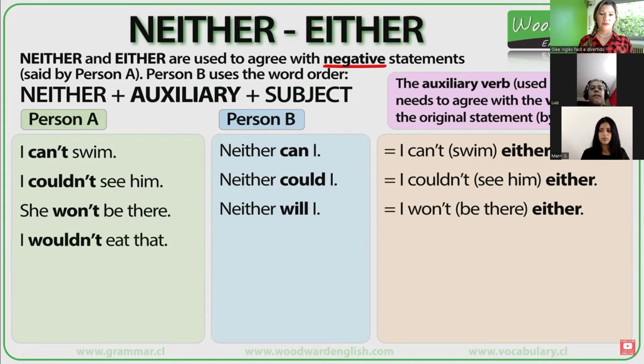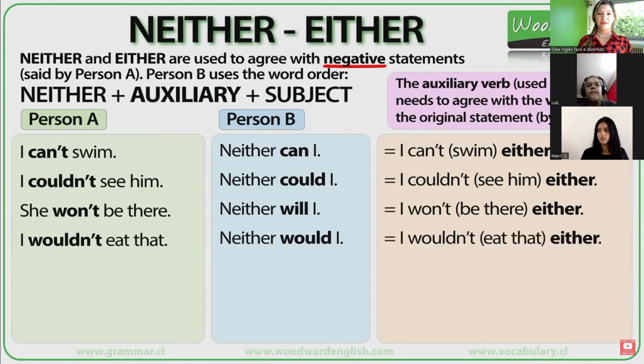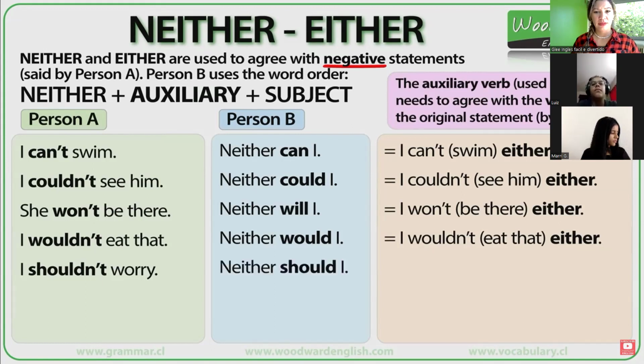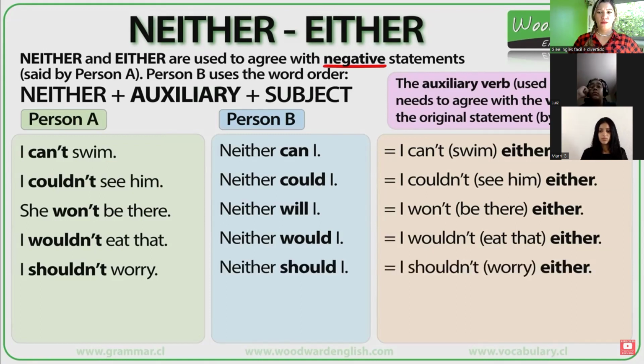If the first statement has wouldn't, our response needs would. We say, neither would I, which means I wouldn't eat that either. I shouldn't worry. The negative form of the modal verb should is used. This means we also need to use should in the response. We say, neither should I, which means I shouldn't worry either.